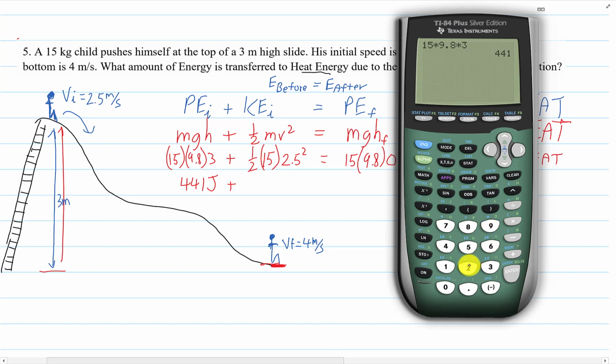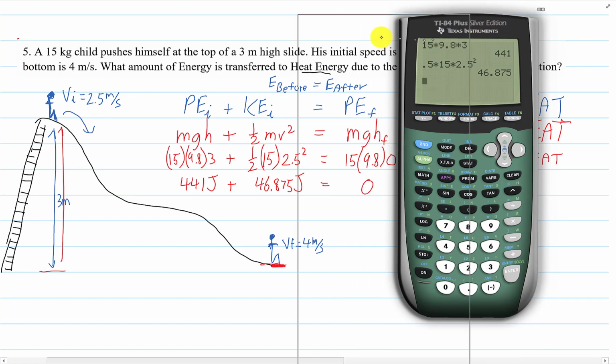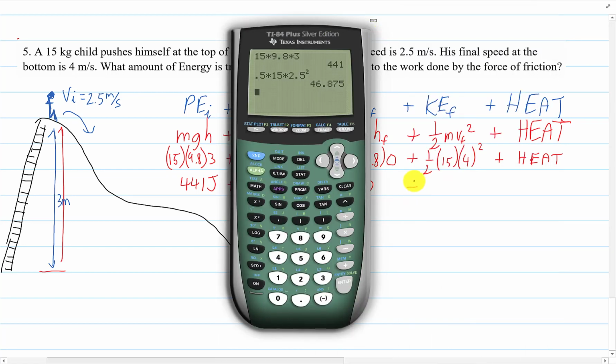0.5 times 15 times 2.5 squared, and that's 46.875 joules of kinetic energy. This is 0, and this is 16 times 1/2 is 8. 8 times 15 is 120.